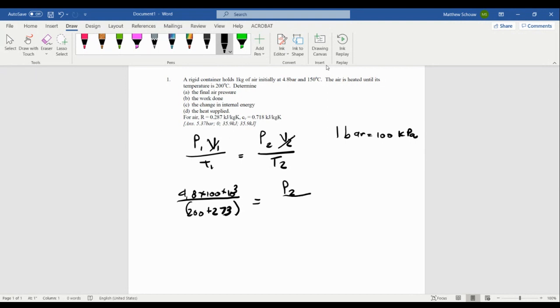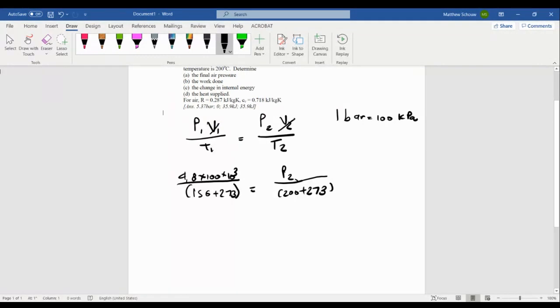And then we know after 200, oh, sorry, this is incorrect here. Let me go back. This should be 150. This is the initial temperature. And this is the final one. So that's 200 plus 273. Okay, cool. So we can work this out. Let me just open my calculator quickly.